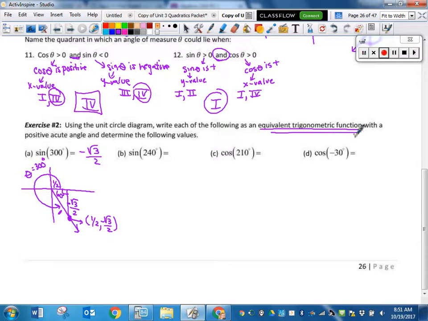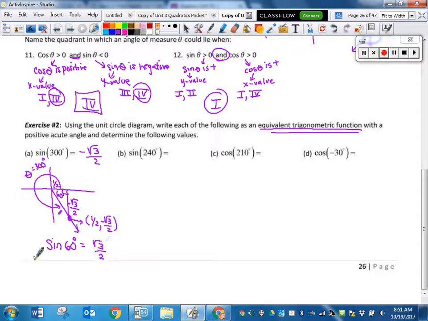Okay, so really we're going to analyze what we did here. The first thing we did, we decided radical 3 over 2, not because of the 300, but because of the 60, right? And you decided to use the y, right? The 60 is what made us put the 1/2 and the radical 3 over 2. We decided to take the y value because of the sine. So you can find sine of 300 just by doing the sine of 60, which would give me my radical 3 over 2.